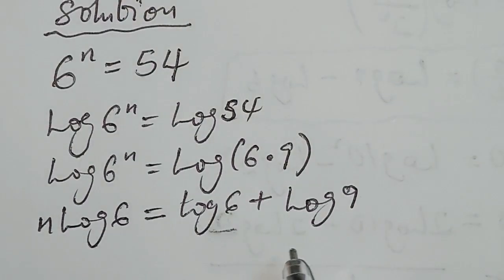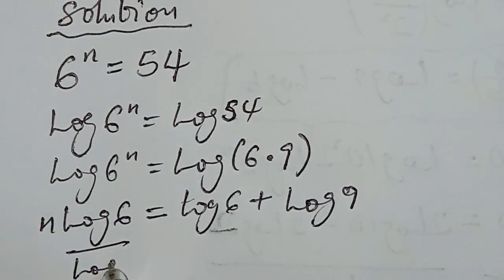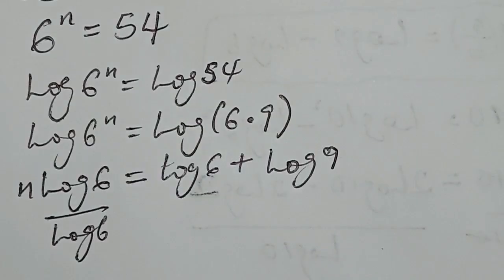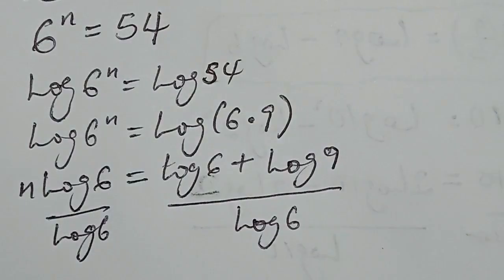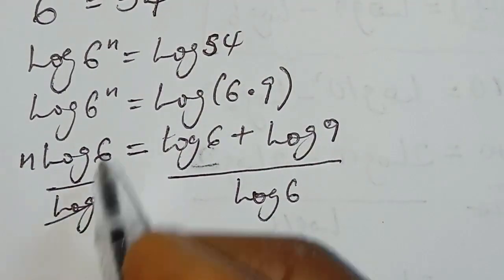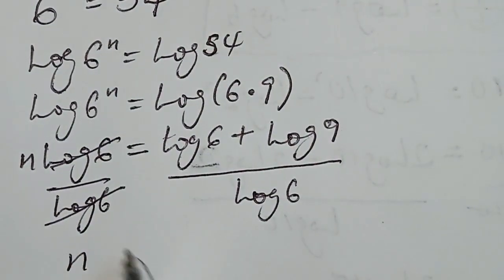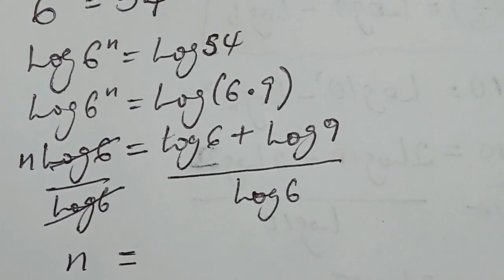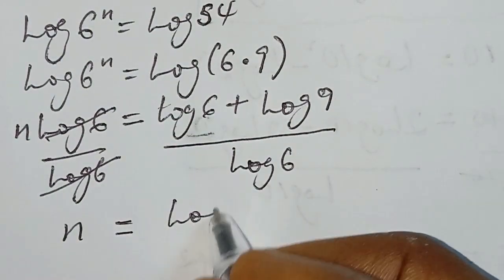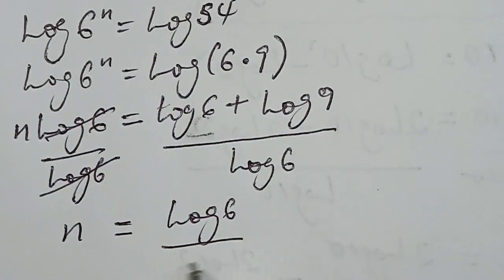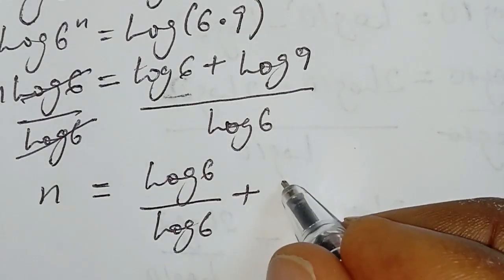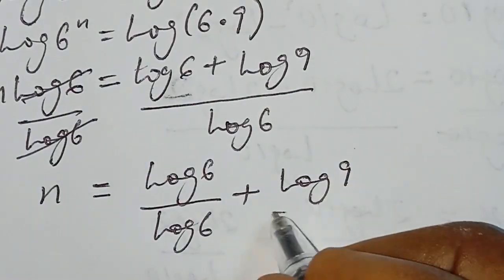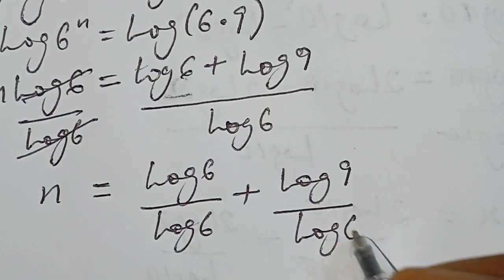So we can now divide both sides by log 6. On the left-hand side, log 6 cancels out, and we are left with n, which is equal to log 6 divided by log 6 plus log 9 divided by log 6.